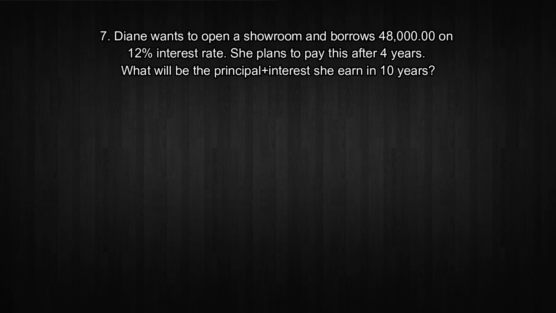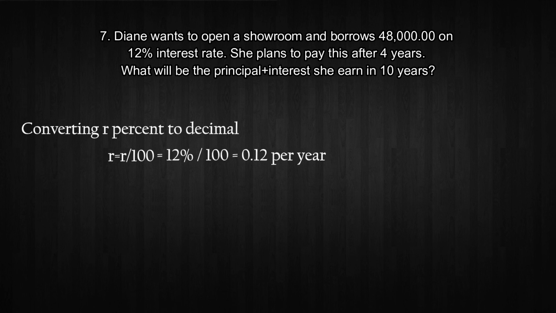Diane wants to open a showroom and borrows 38,000 at a 12% interest rate. She plans to pay this after 4 years. What will be the principal plus interest in 10 years? First, converting our percent to a decimal, then solving our equation.